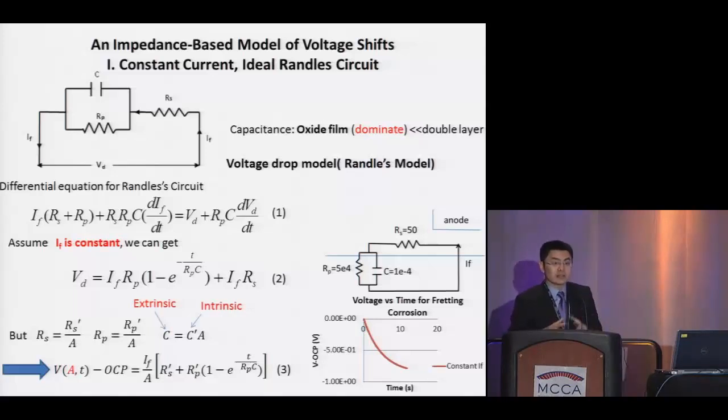And from this, we can clearly see that the voltage drop is related to the impedance values, which are RS, RP, and C. However, these impedance values are extrinsic values, which means they are area dependent. So if we substitute this impedance and area relationship into equation 2, we can get equation 3, from which we can clearly see that the voltage drop is area dependent.